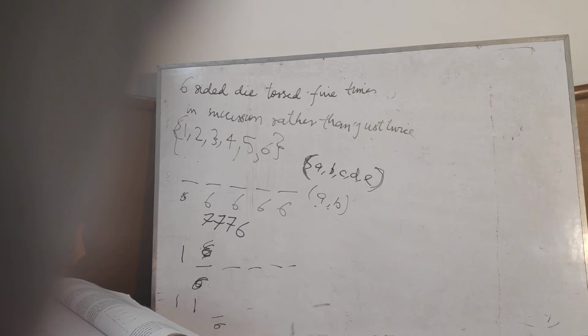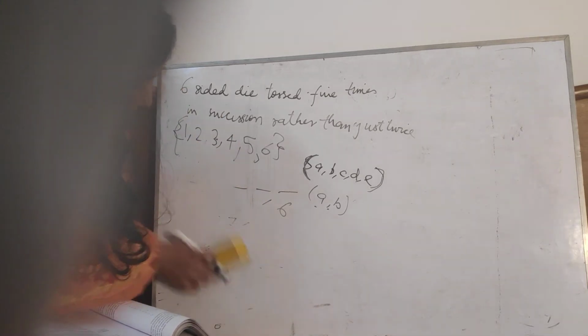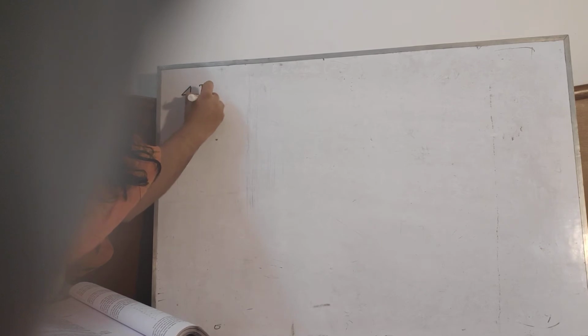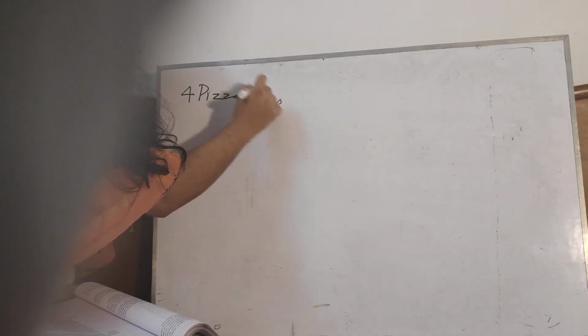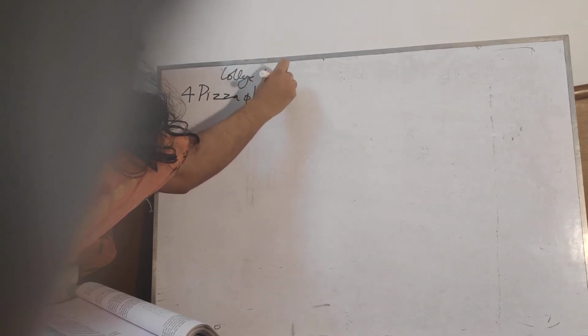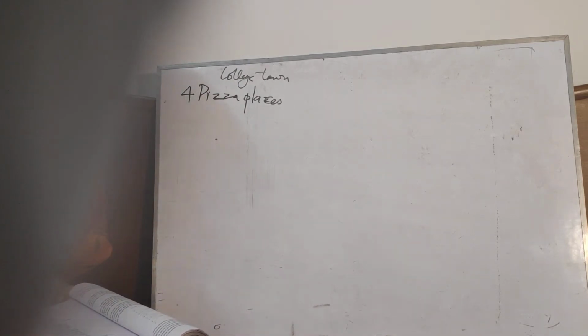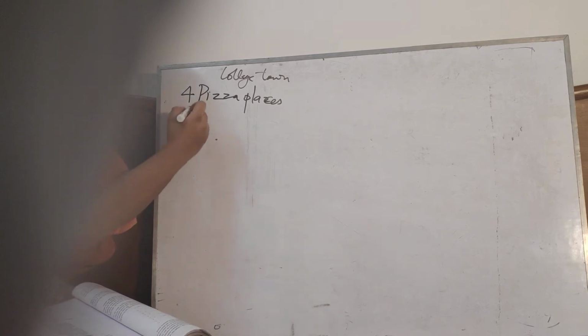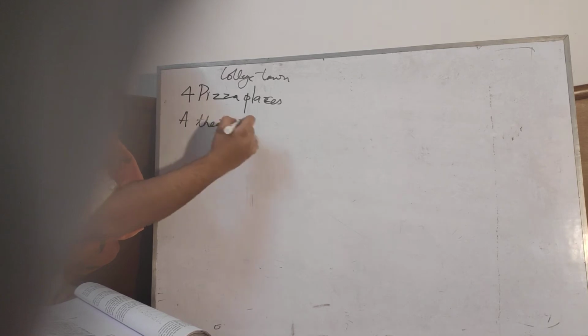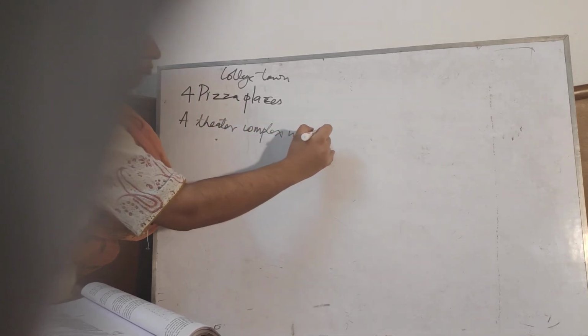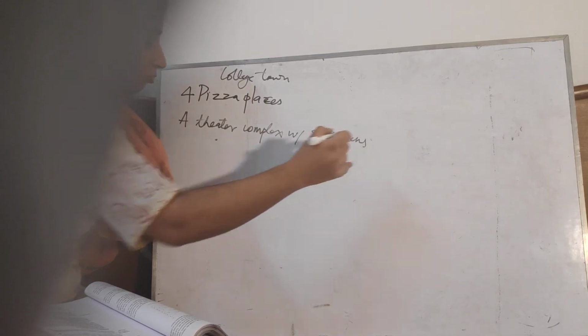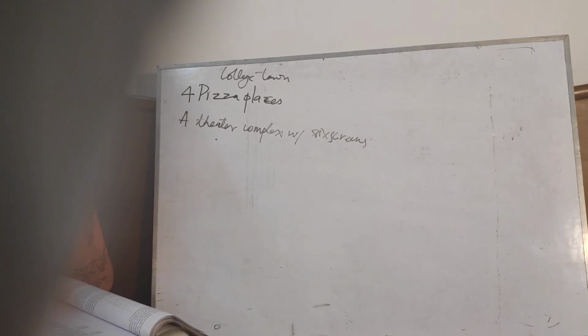Now, for example, a college town has 4 pizza places, a theatre complex with 6 screens, and 3 places to go dancing.